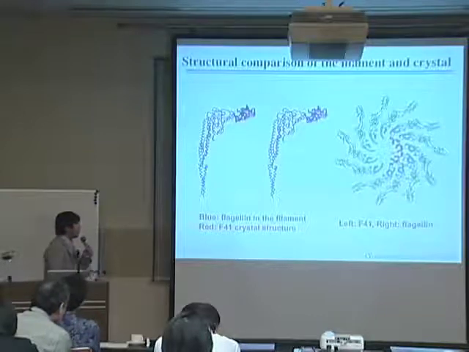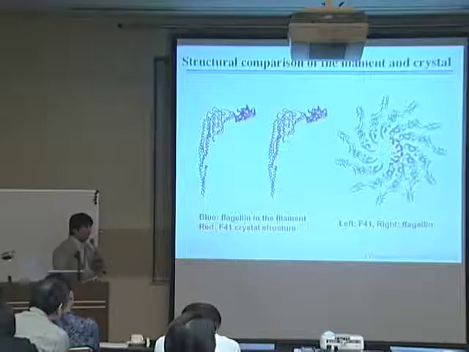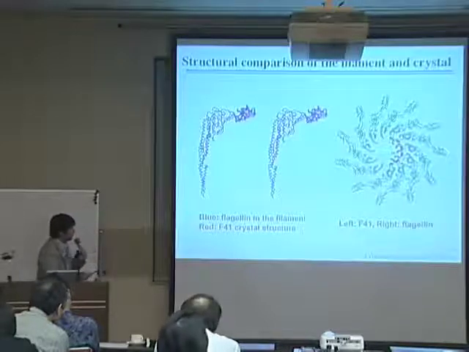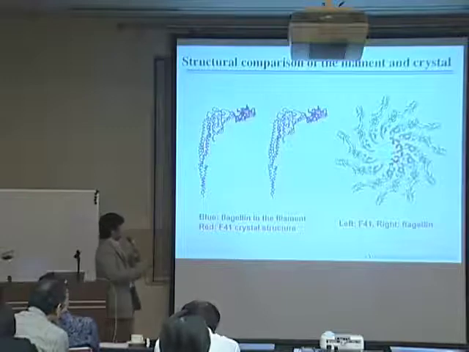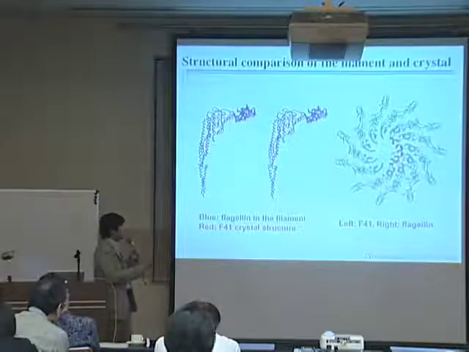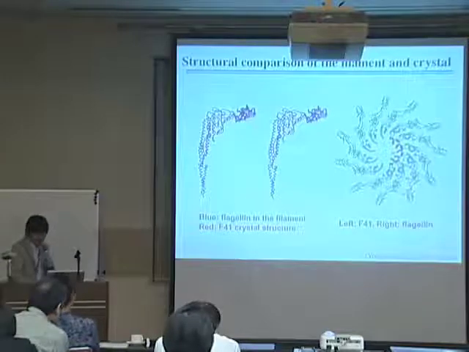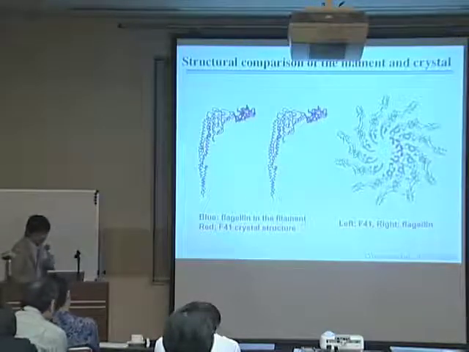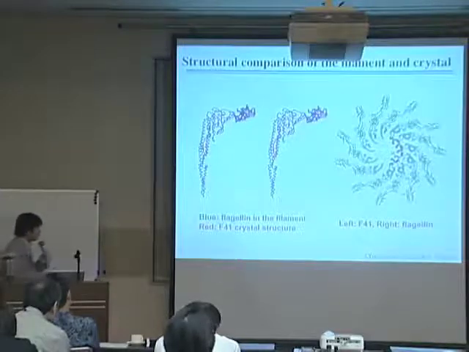So we can construct the whole filament structure. In the crystal structure, we are missing the inner part, but this structure gives us the information, as well as the inner tube part. So then, using this model, the structure was actually solved for the shorter repeat type.